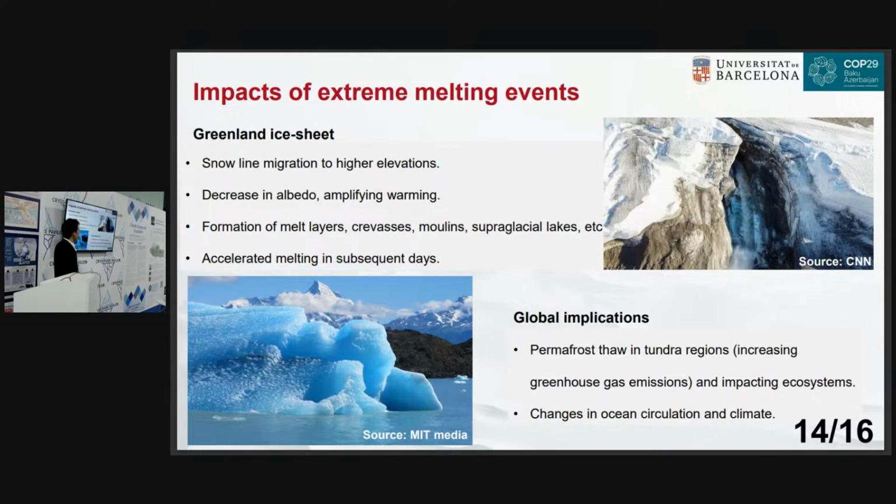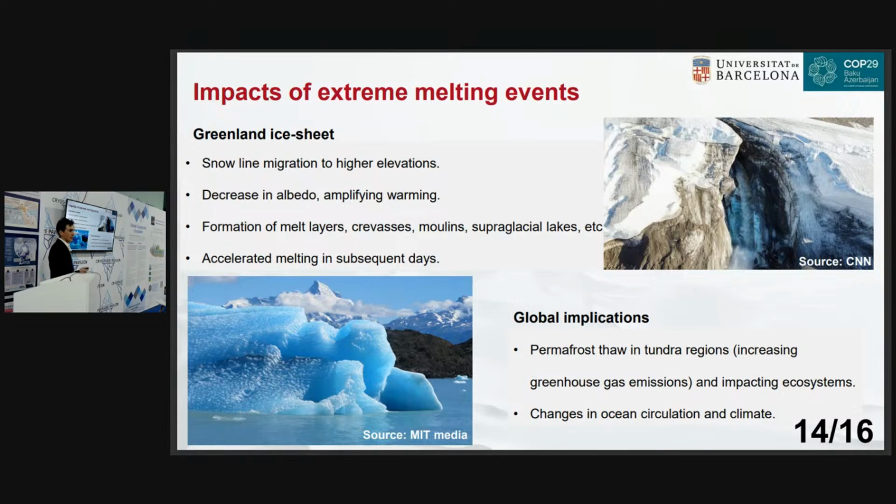Here I want to show you the impacts of extreme melting events in the Greenland ice sheet, but also outside of it. Extreme melting episodes are leading to a rise of the snow lines. The snow line is moving towards higher elevations, which decreases the albedo, amplifies warming, and changes the ice structure of the ice sheet.